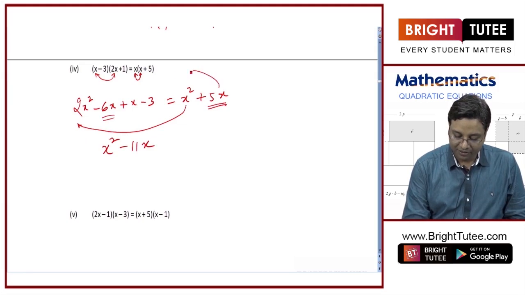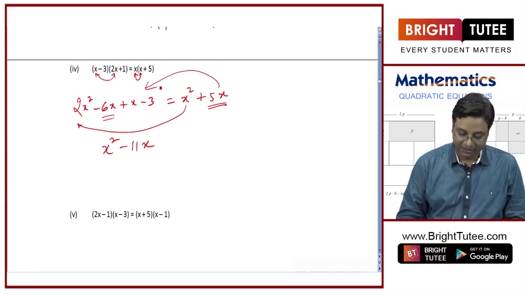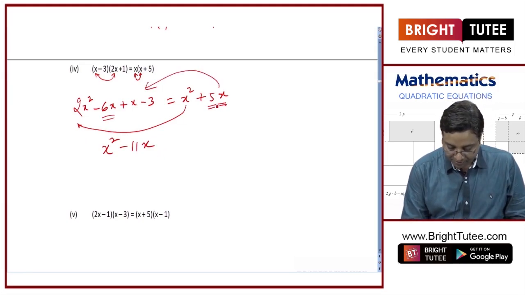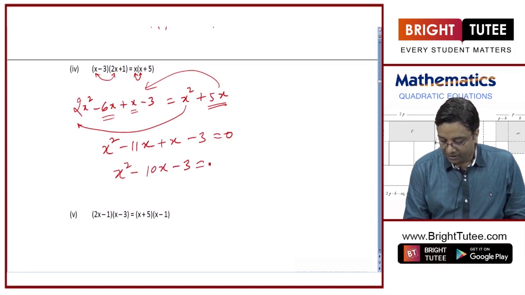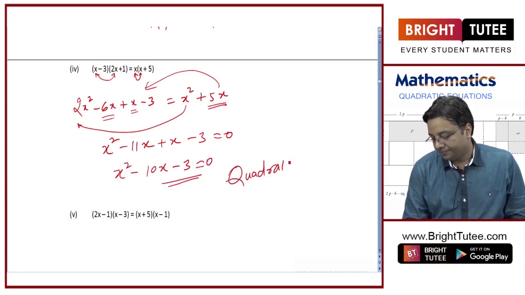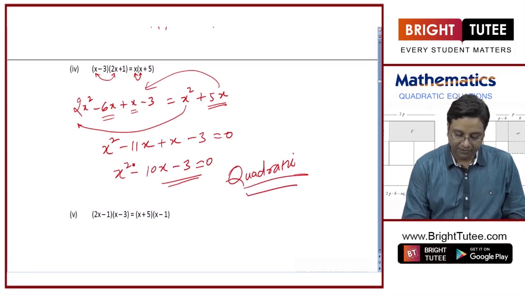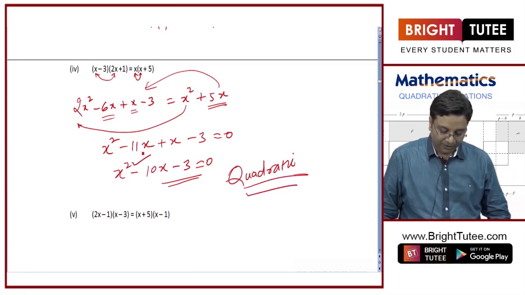When I take this 5x on left hand side, it will become minus 5x, right? Minus 11x, and this x is also left there, so plus x minus 3 equal to 0. So it will be x square minus 10x minus 3 equal to 0, which anyways is a quadratic. Why? Because the highest power here is 2. Okay.